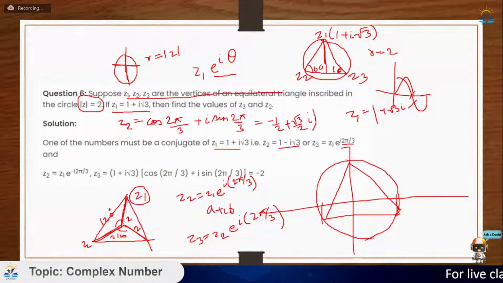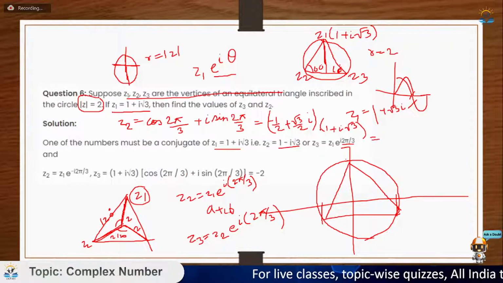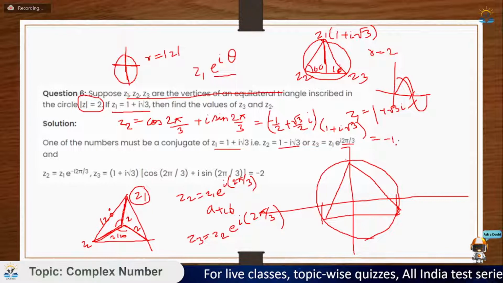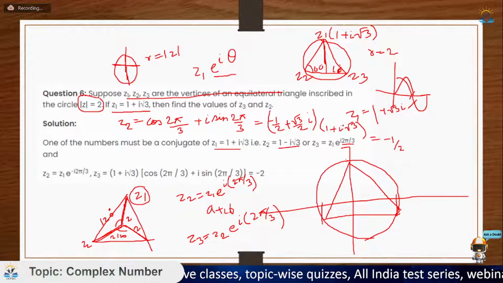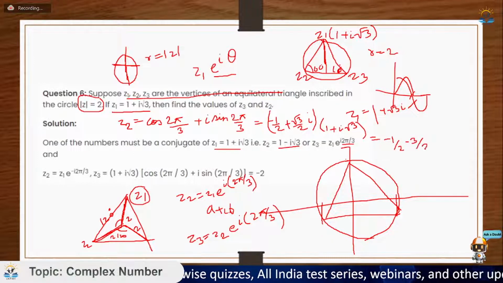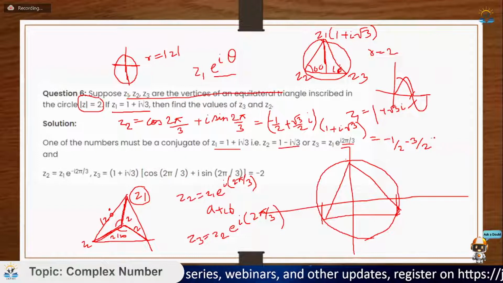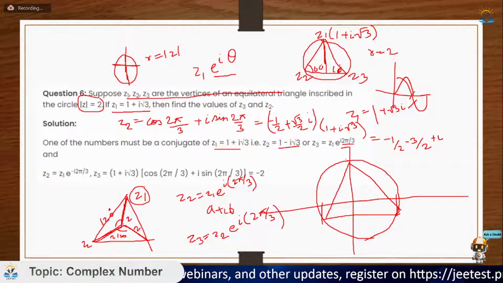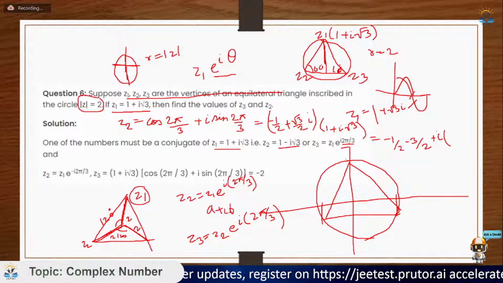So you have to multiply this with 1 plus iota root 3. On multiplying, what will you get? Minus half. This iota and this iota will form minus 1, so minus 3 by 2, because multiplying root 3 and root 3 gives 3, and iota into iota is minus 1. And then plus iota times minus root 3 by 2 plus root 3 by 2, that is equal to 0.